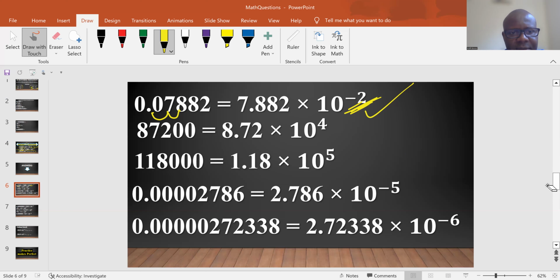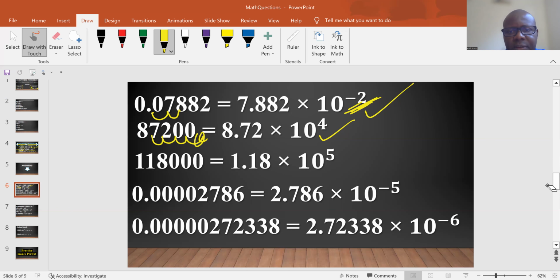Now, 87,200. The decimal is here. Because the decimal is here, to get the scientific notation, we go 1, 2, 3, 4 units left. And left means the power goes up. The reason we have 8.72 times 10 to the 4th power.